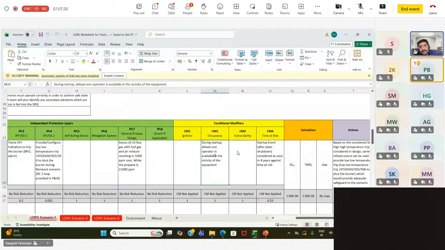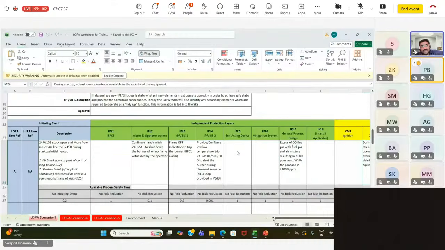So during startup, an event that happens once in 4 years, with a fractional exposure or time at risk of 0.25 years, we are considering that this operator will be exposed to this event. However, that frequency is 0.25 times. This is what we have given as an initiating event. One is the control loop failure, and the second is this one.